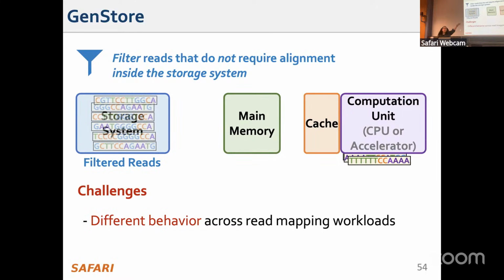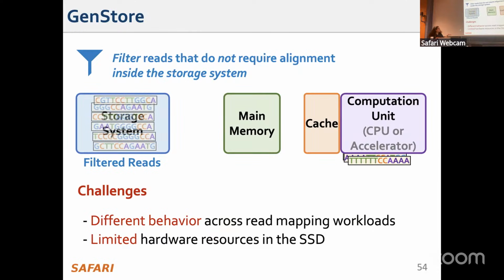There are different things that we can filter, and therefore it is challenging to be able to support all of them, given the fact that we have limited hardware resources in the SSD. In a normal computing system, you might have a lot of main memory capacity and relatively much higher bandwidth to that main memory compared to the hardware units that we have available in our modern SSDs, which is the example storage system we are going to look into.